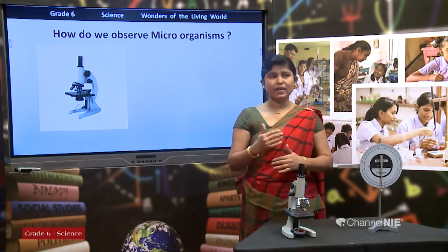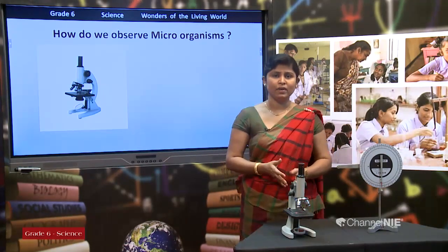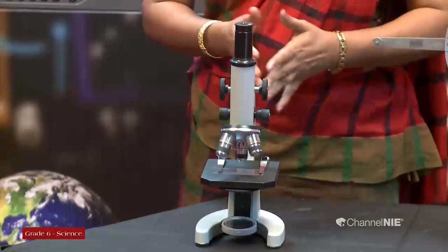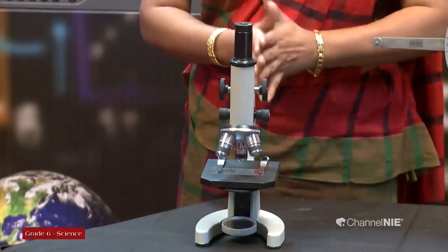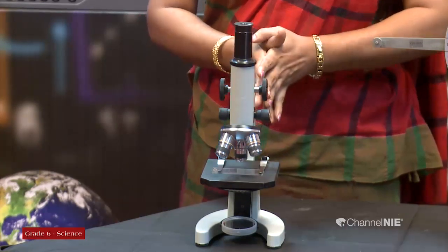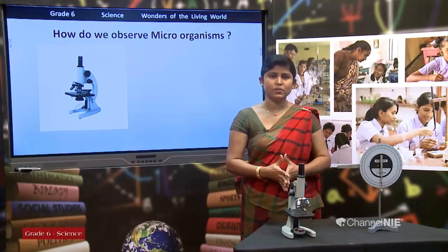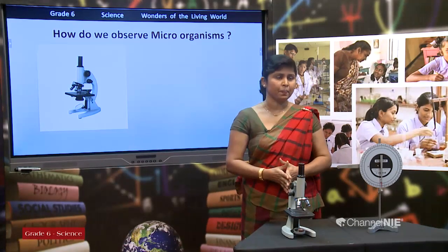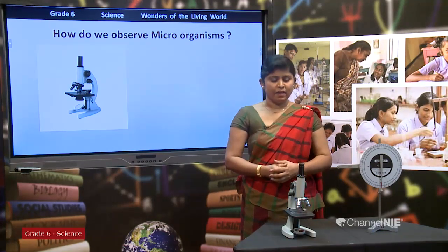In grade 7, you will be able to learn more about handling of light microscope, but at this moment you have to identify the instrument. It is enough. This is light microscope, or we call it compound microscope. We can observe microorganisms using the light microscope. Unfortunately, you are not with me.